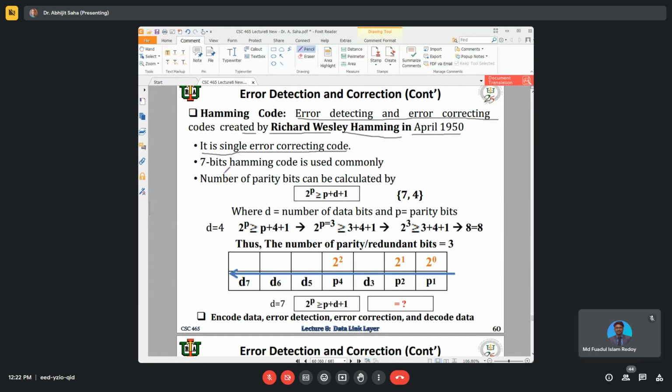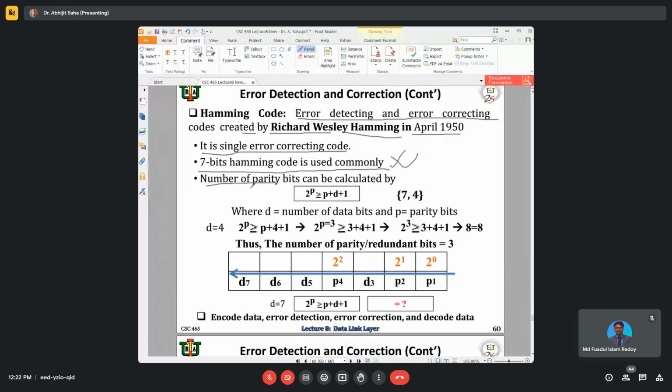The 7-bit Hamming code is used commonly. This is a very common one used in computer networks.